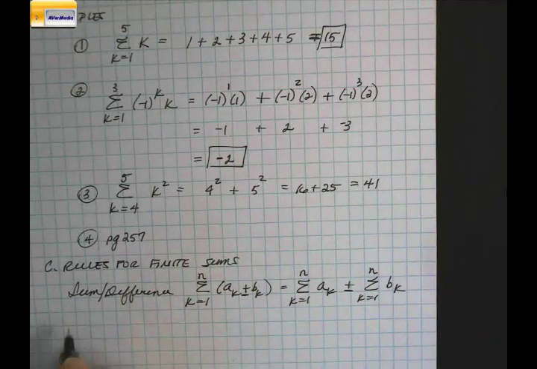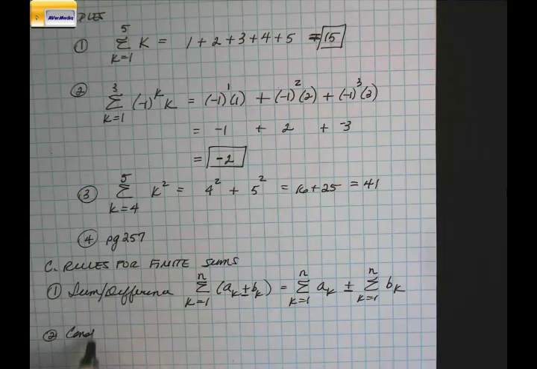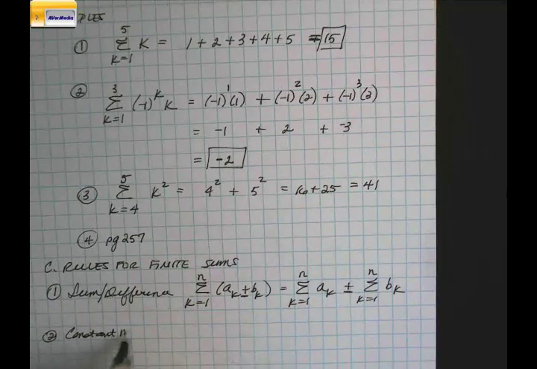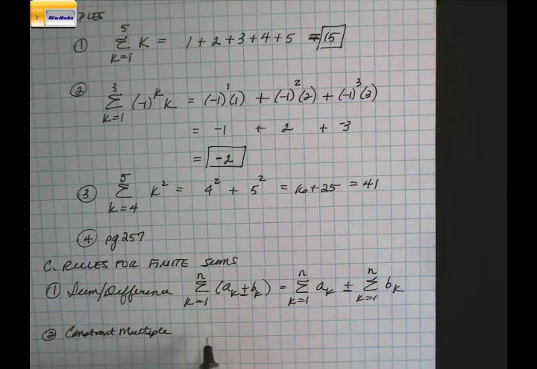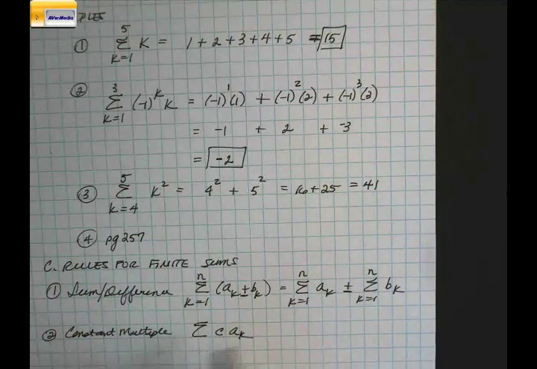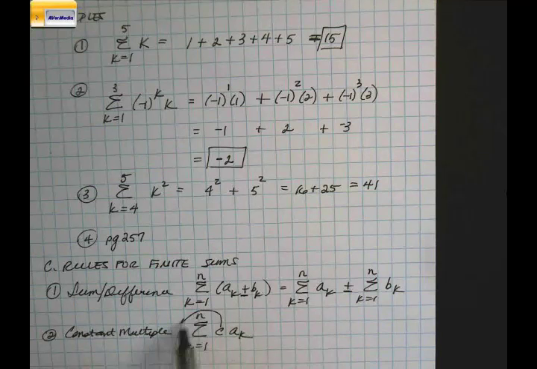Then another one is what they call the constant multiple. This is where if you have the summation of a constant times your formula or your function, and k is going from, say, 1 to n, then the constant you can pull into the front, like if it's a 5 or a 7, you can pull it in front of the summation.